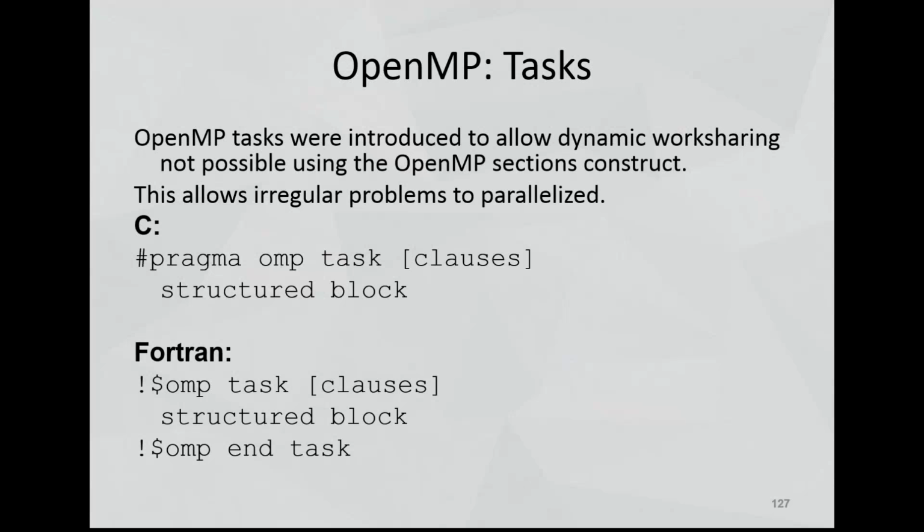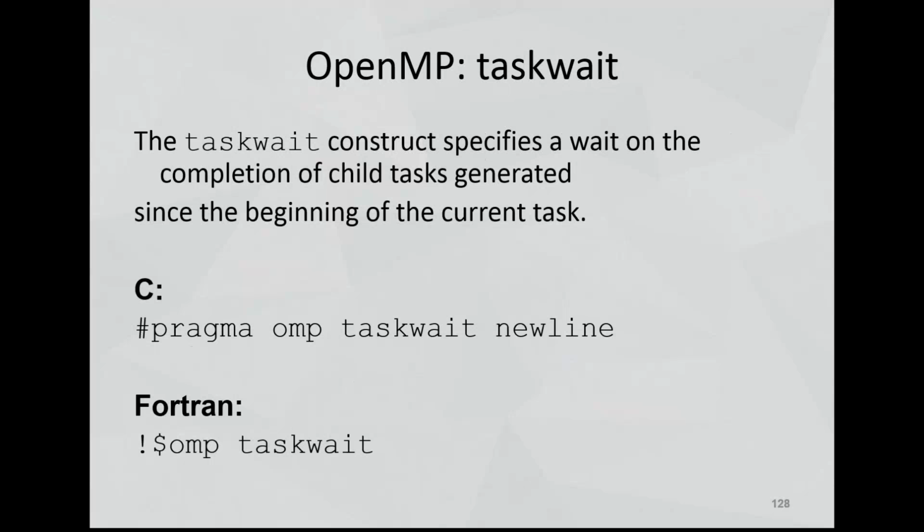This is the real world, and in many problems we'll find we don't have a nice simple structure to what we're going to do, and OpenMP allows us to parallelize many of those. Taskwait is a construct that specifies a wait on the completion of a child task. There we see the C pragma way that it works.